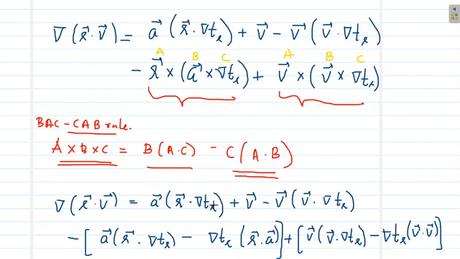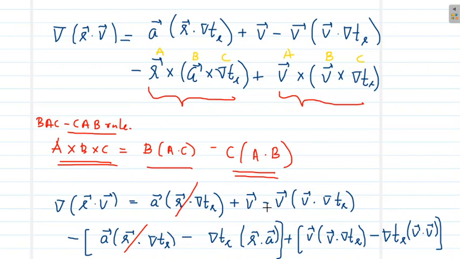So we have the expanded expression for del of r bar dot v bar, and here you can see we can cancel out certain terms. We have a bar into r bar dot del tr here, as well as a bar into r bar dot del tr with a negative sign here. They will cancel out each other.